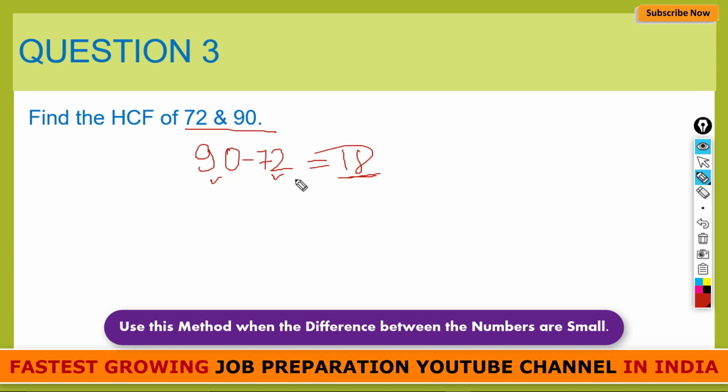That means if it gives remainder 0, then this is your HCF. Otherwise, you have to continue finding the different factors and calculation, and check it one by one. So in the next sum, I am going to show you that only.